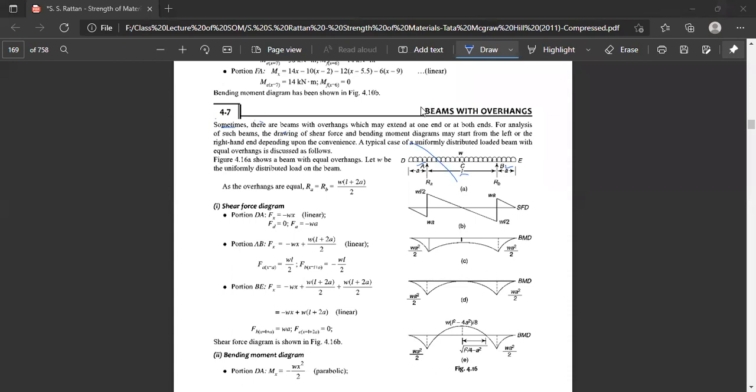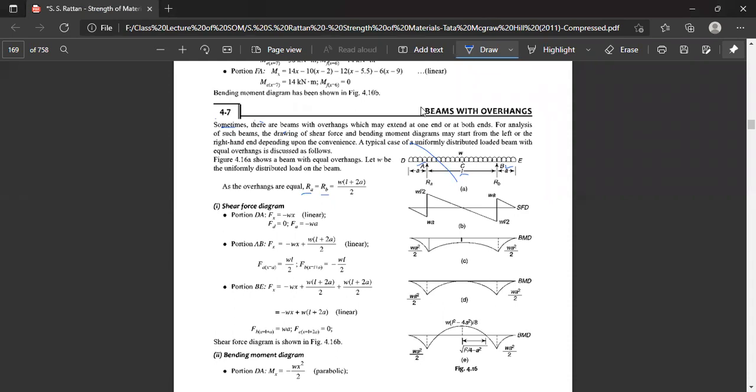Now, first of all, like our earlier problems, we have to find the reactions of the supports. That is, we have to calculate RA and RB.